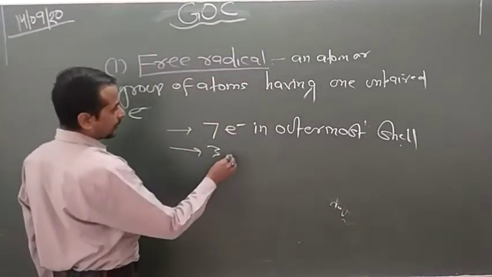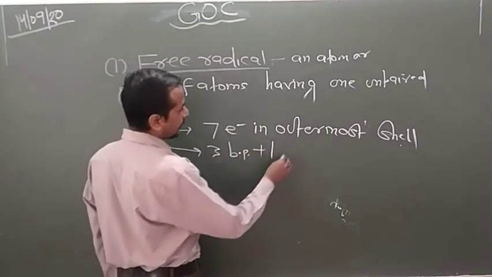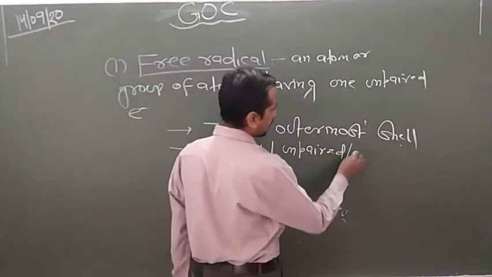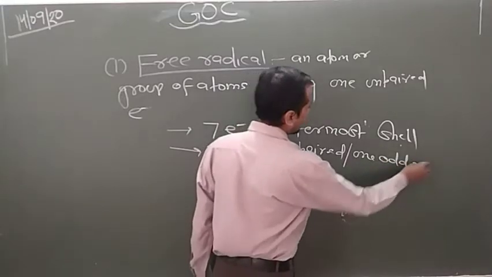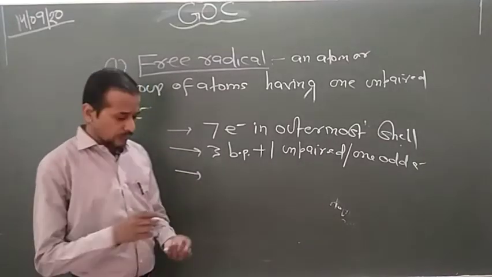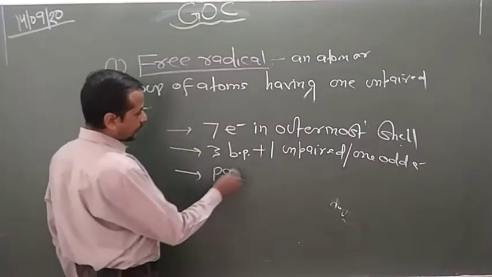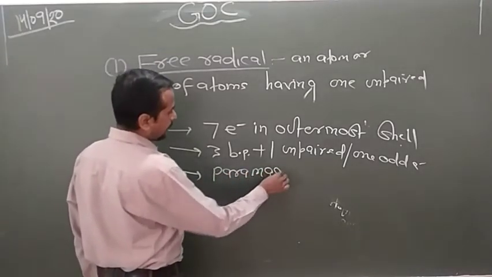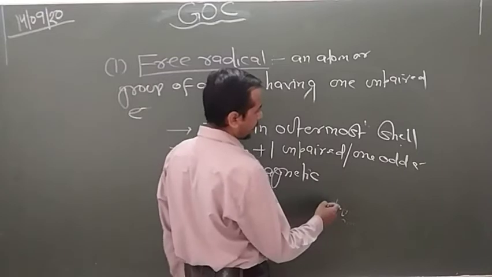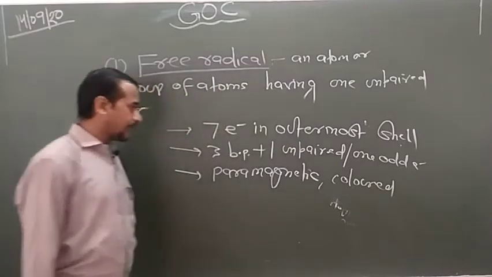Here 3 pairs of electrons in the bond pairs plus 1 unpaired electron, or you can say 1 odd electron. Now due to the presence of an odd electron, as I told you, it has one property, that is paramagnetic. Due to the presence of one unpaired electron, it is paramagnetic in nature. And I also told you, due to the presence of one unpaired electron, it is also colored. So free radicals are colored also.